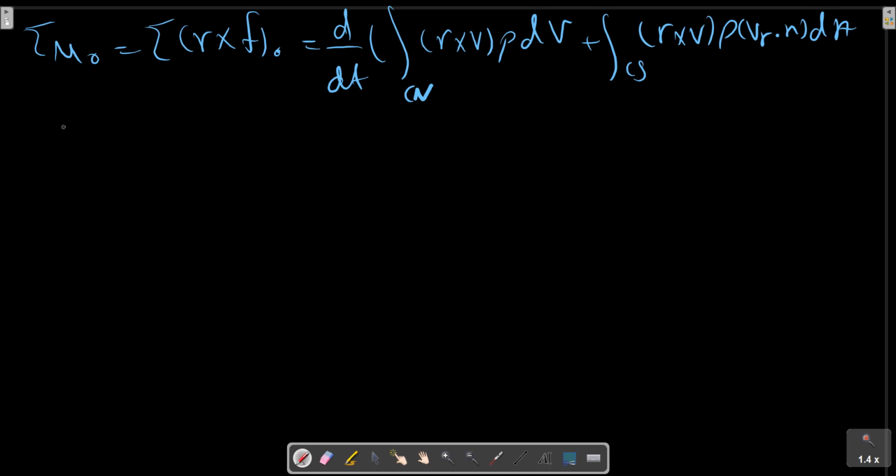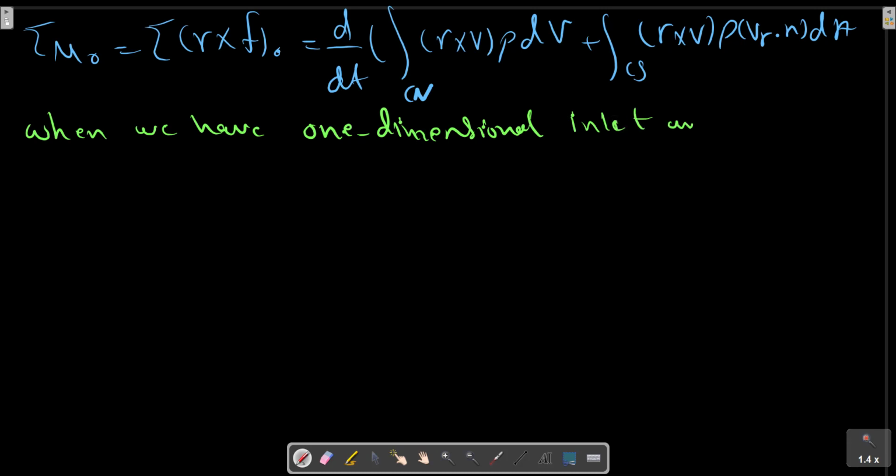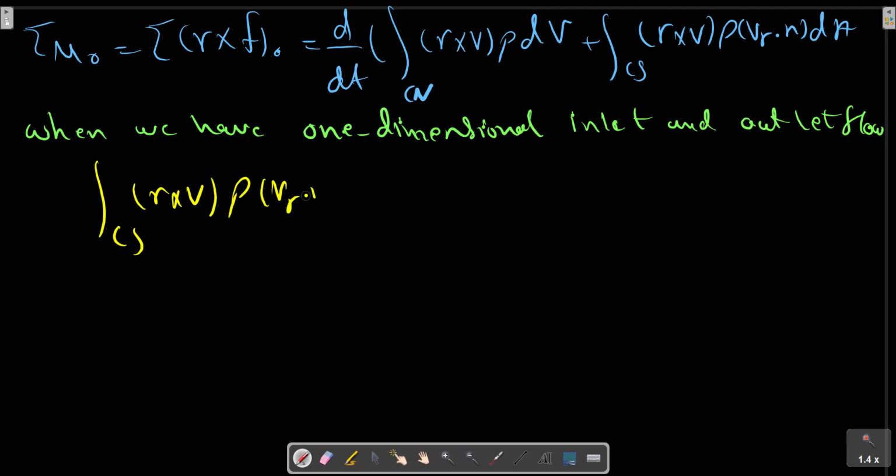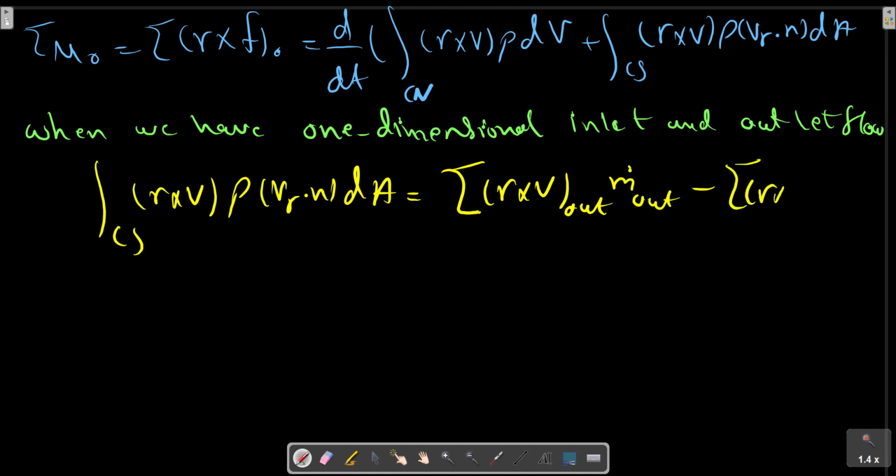Another simplification is when we have one-dimensional flow, with inlet and outlet shown. The integral on the control surface, which cuts the system of any fluid crossing the control volume, equals, as in the previous relation for the Reynolds transport theorem, the outflow term r cross V m dot out minus the inflow term r cross V m dot in.